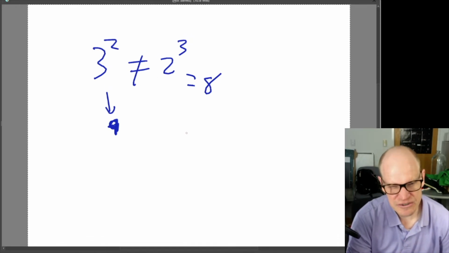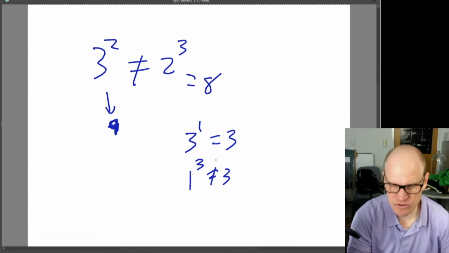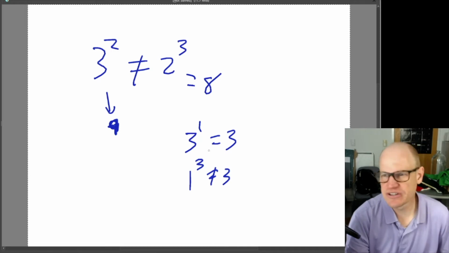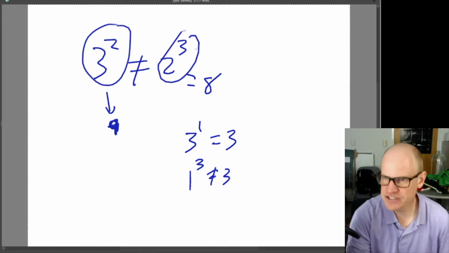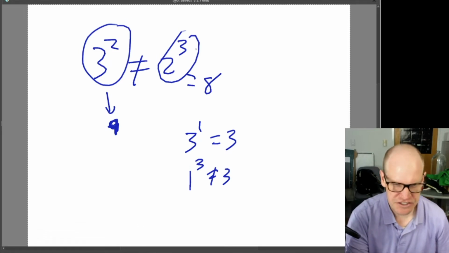So is there an identity? 3 to the 1 is equal to 3, but that's not the same thing as 1 to the 3, which is not equal to 3. That's equal to 1. So the identity doesn't work from both directions. Okay, so it's not a group, but it was a good thought, at least while it lasted. But it is another example of a binary operation. It just doesn't form the same mathematical structure that addition and multiplication do.